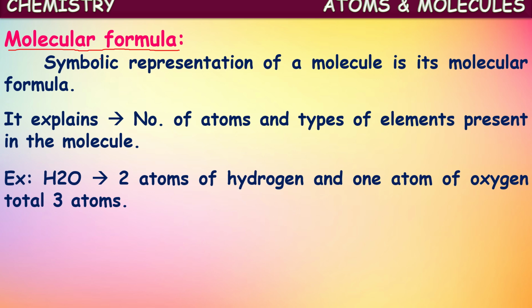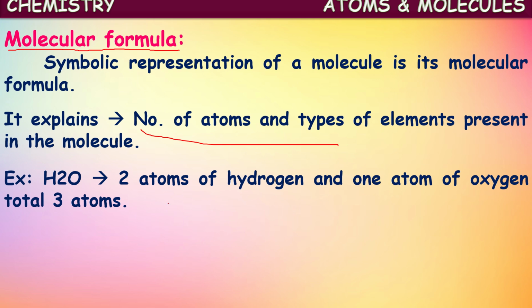That is called the molecular formula. That means what? The molecular formula gives information about the types of elements present in that molecule of compound, and what number of atoms of each element is present. That explanation is given by the molecular formula.